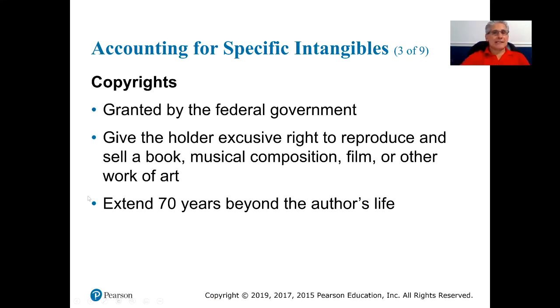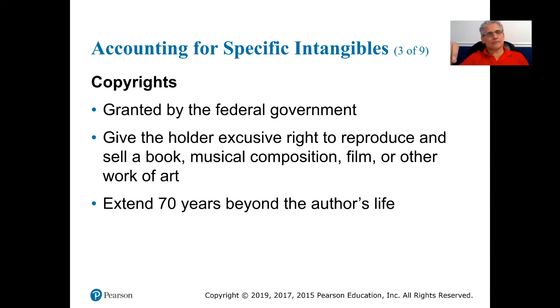Okay, another intangible includes copyrights. Copyrights are granted by the federal government, and they give the holder exclusive right to reproduce and sell either a book, musical composition, film, or other work of art. This will extend 70 years beyond the author's life. So if you create a song that becomes a big hit, before it becomes a big hit, you better have a copyright on it.